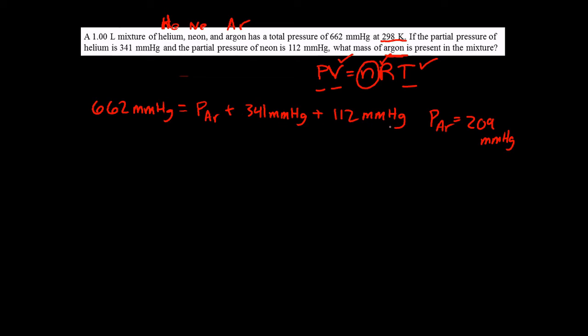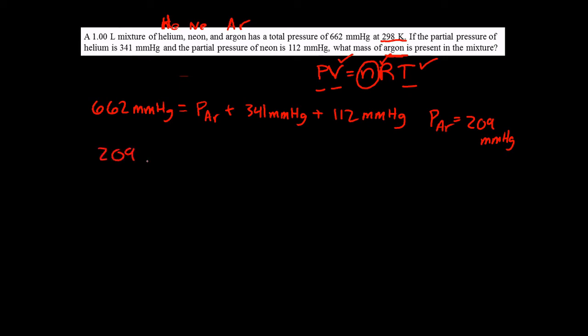We're going to need those in atmospheres for our pressure unit. But if I convert this now, then I'll already have it in atmospheres. But if I converted at the beginning, I'd have to do the conversion for all three of these to get all three of them in atmospheres. If I do the algebra first, I would just have to convert the one number. So it would work either way. It's just slightly easier to save the converting till now.